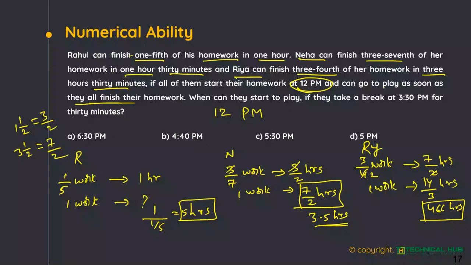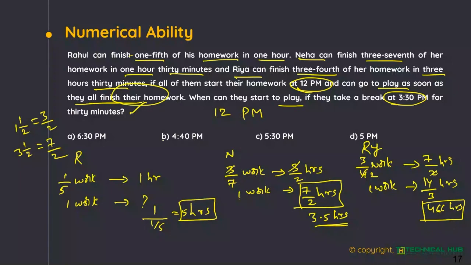When can they start to play, if they take a break at 3:30? Guys, one important point you must be aware of: all three members have to finish the work, and only then will they go to play, right?